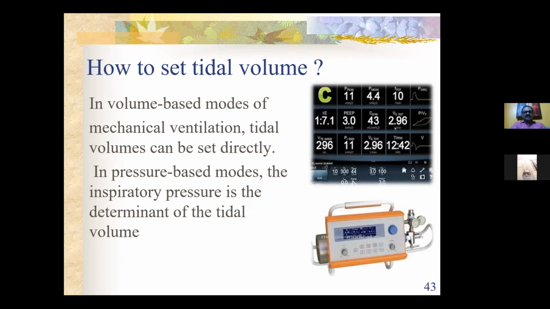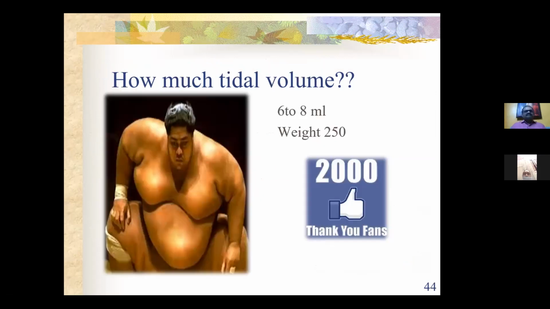In a pressure control mode, what you're setting is 18, 16, 15, or whatever it is, depending upon the tidal volume we are trying to achieve. We change the pressures, and that will change the tidal volume that is being delivered. In volume control mode, we directly set the volumes. In pressure control mode, we set the pressures and achieve the desired tidal volumes.